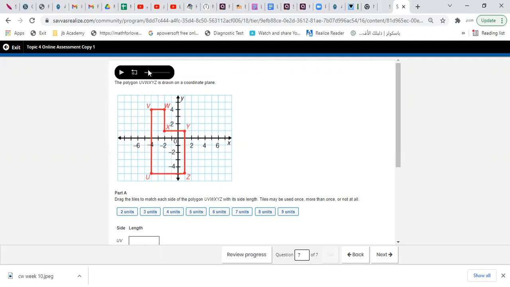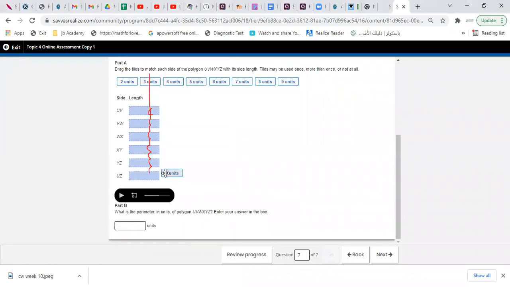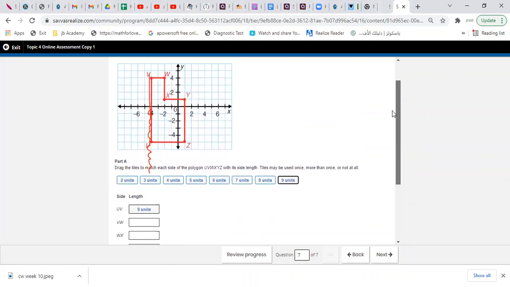Between U and V, we just count: 1, 2, 3, 4, 5, 6, 7, 8, 9. So 9 units.